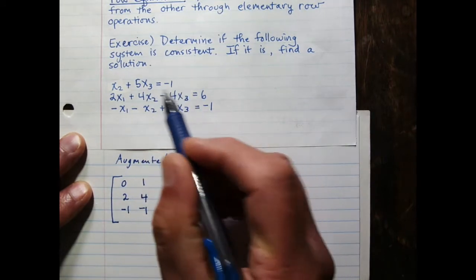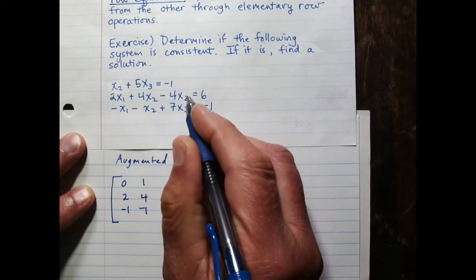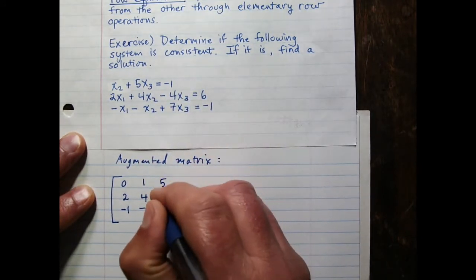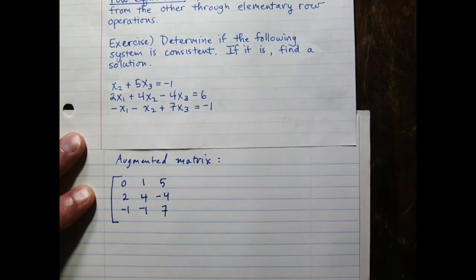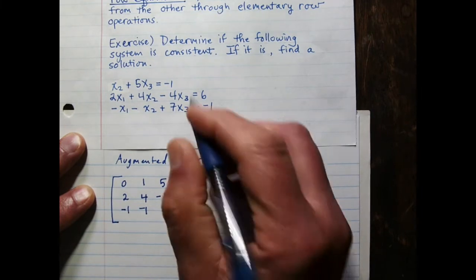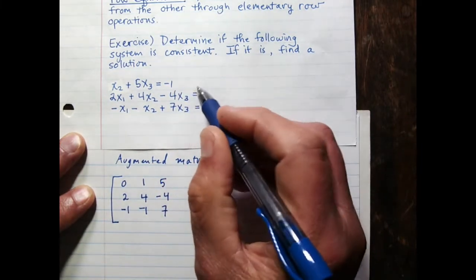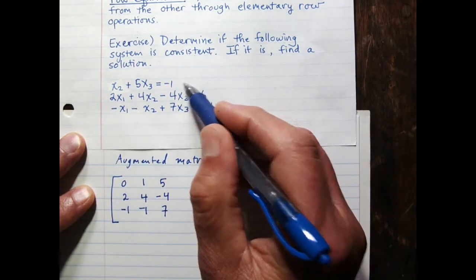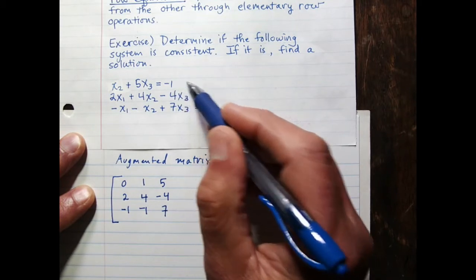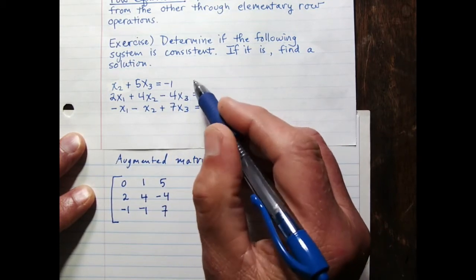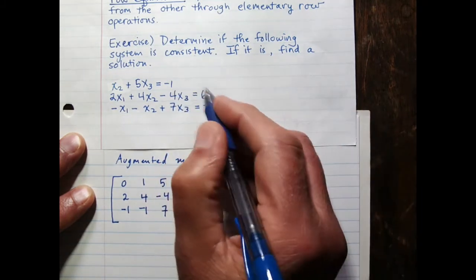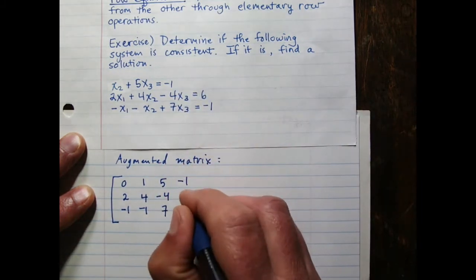Then the x3 variable, 5, -4, 7. And then the last column will be the constant terms that are always on the right-hand side of the equal sign. So we need this standard form to be able to set up the last column, -1, 6, -1.